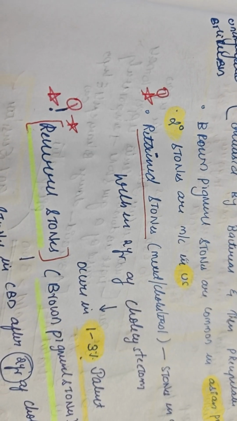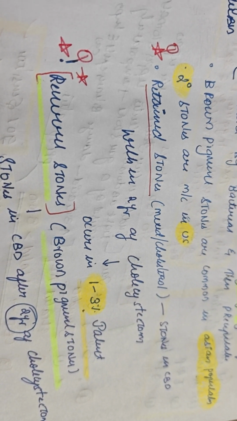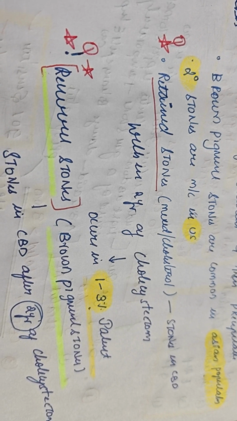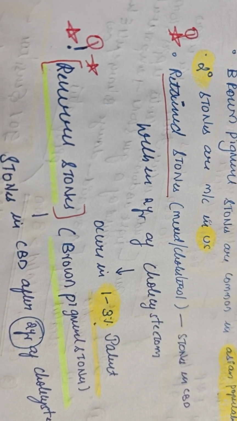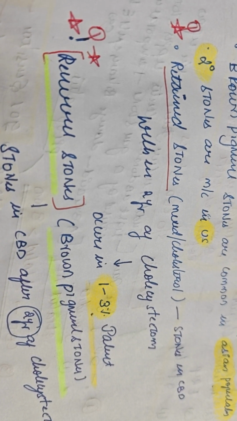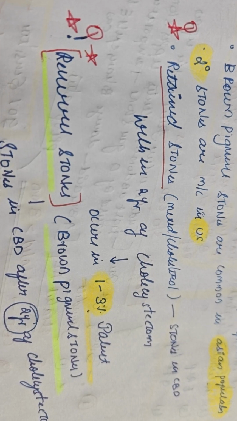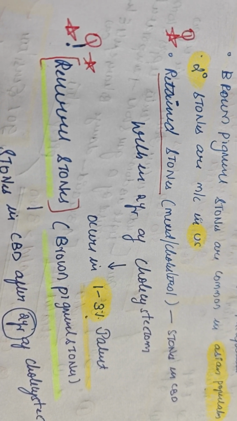Now we have an important question here, which tells us you have retained stones and recurrent stones. What are retained stones, guys? Retained stones are stones that occur within 2 years of cholecystectomy.